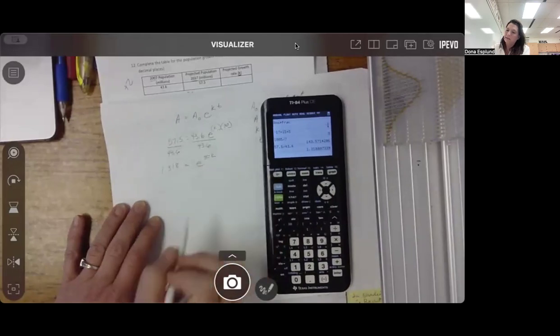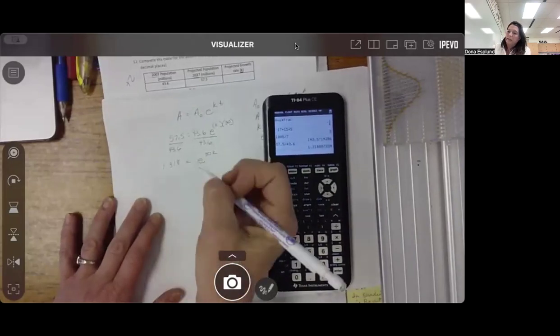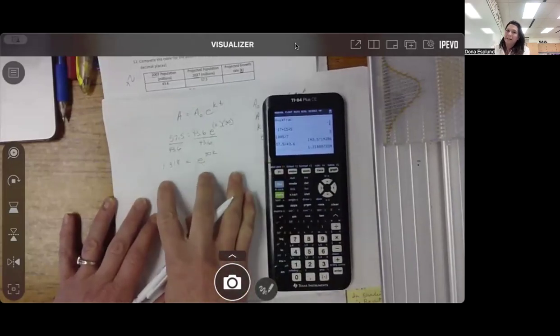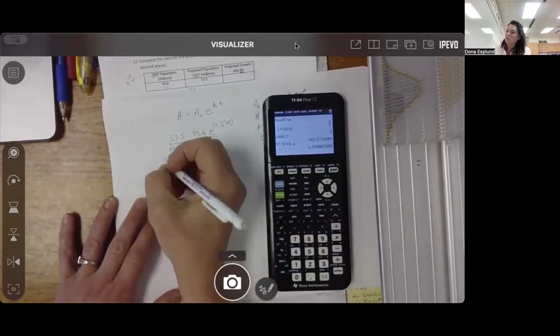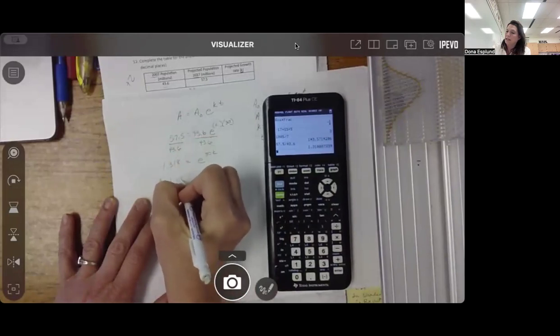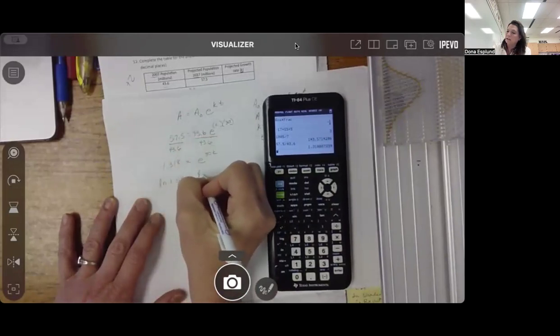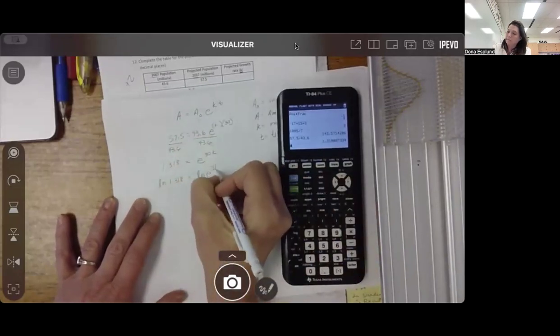The next step, and this is the most important one from this lesson, is that now we're going to take the ln of both sides. And as long as we do both of them, we're not breaking an algebra rule. So I'm going to take the ln of 1.318 is equal to the ln of e to the 30k power.